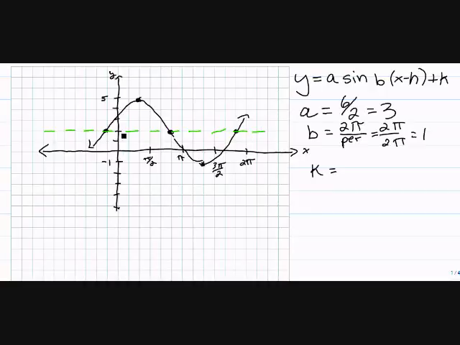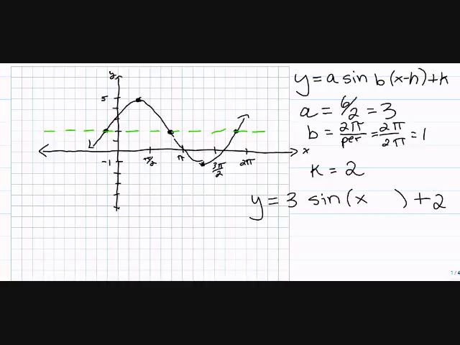Oh, that's at y equals 2. So my k is 2. And so far my equation is y equals 3 times the sine of b is 1, x, let me just leave my parentheses here, plus 2.